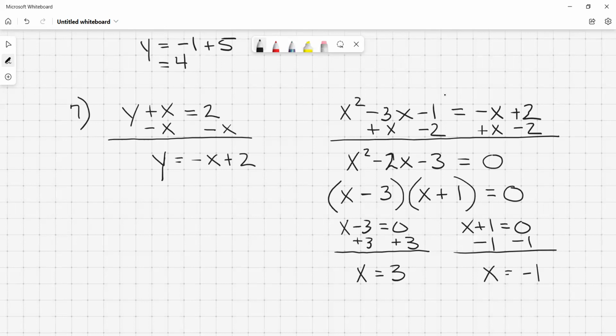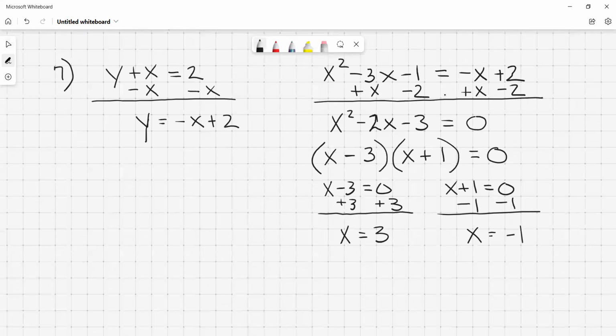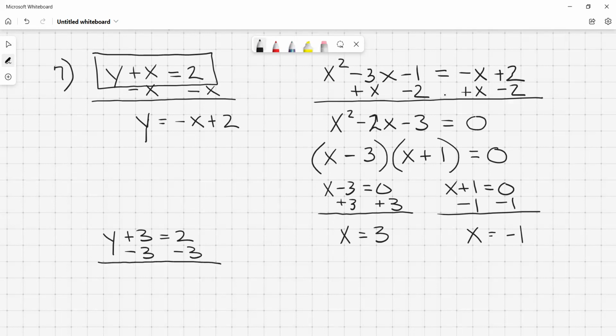Substitute. Now be careful when you substitute, or don't be careful. You can use this equation if you want, you can use your y plus x equals 2. So for x equals 3, you do y plus 3 equals 2, and you subtract 3 from each side. So you get a y equal to -1 when x equals 3. So one of your solutions is 3, -1.